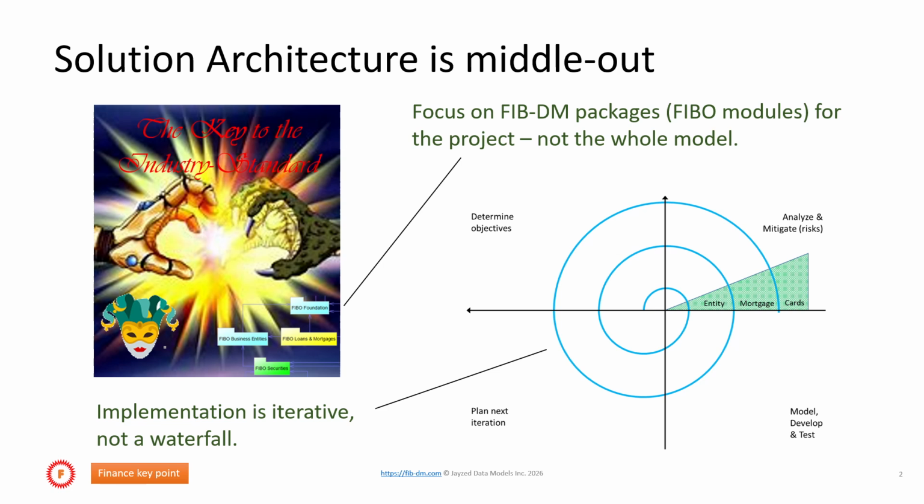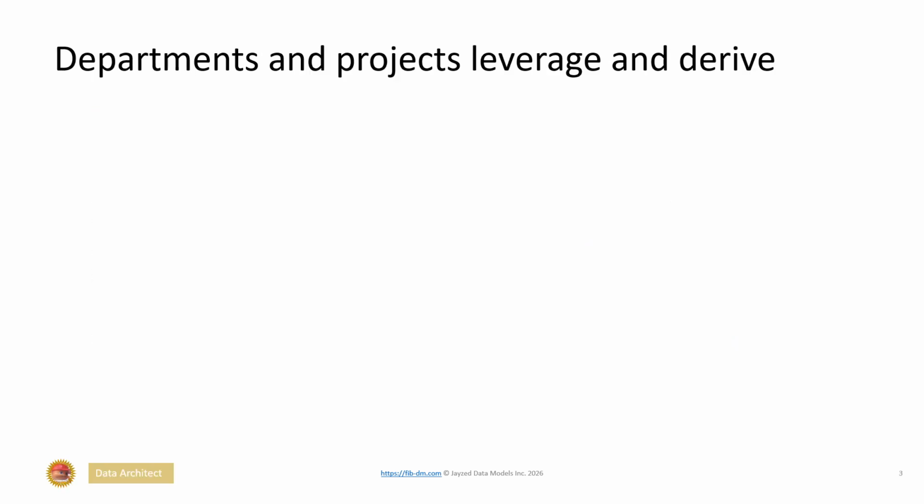Now here, for example, we may scope for core banking entities, in other words, agent and roles. And then we address a package like mortgages, and the next iteration may have cards. So departments and projects leverage and derive.